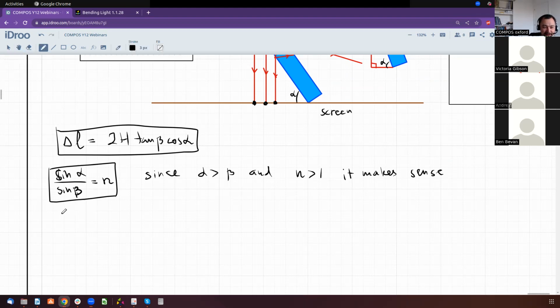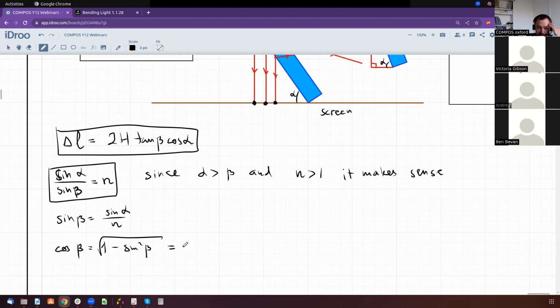And here we can find sine beta is equal to sine alpha over n. Okay, cos beta is going to be the square root of 1 minus sine squared beta. I don't need to worry about the plus minus because we are dealing with angles less than 90 degrees. So the plus minus here is not needed.